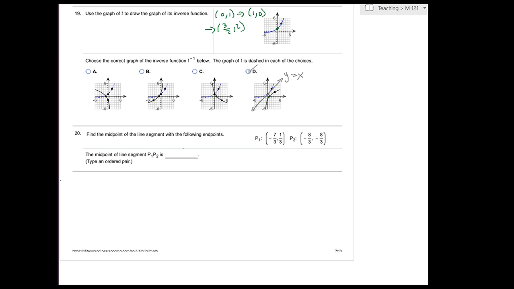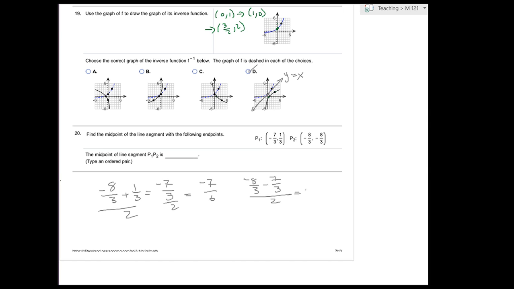Find the midpoint of the line segment with the following endpoints. Well, to find a midpoint, I'm going to take the y's, negative 8/3, add to it 1/3. We get negative 7/3, and we divide that by 2. Negative 7/6. We're going to do the same thing with the x's. Negative 8/3, we're going to add to it negative 7/3.